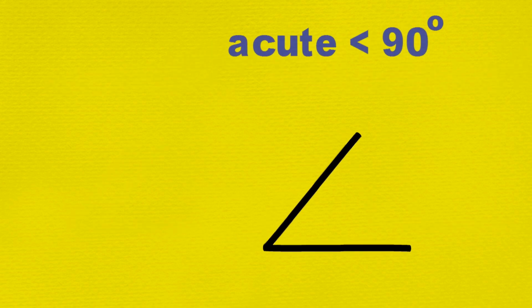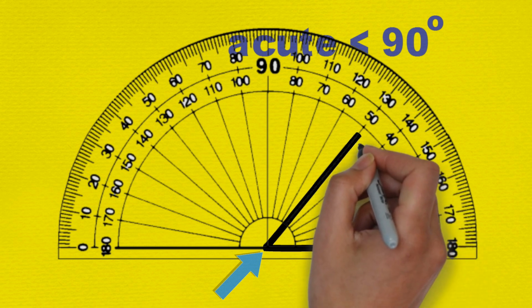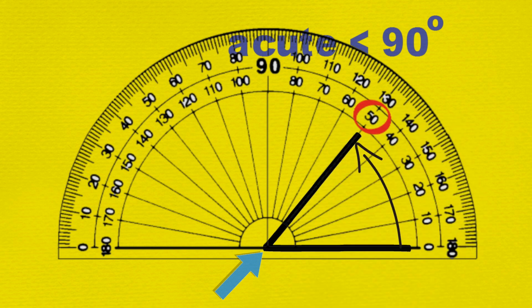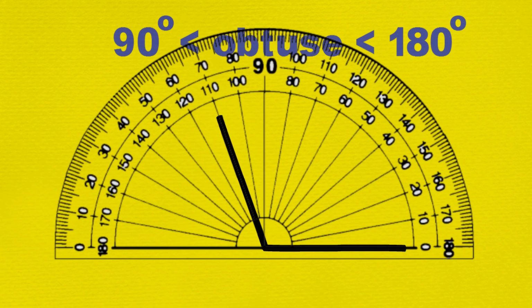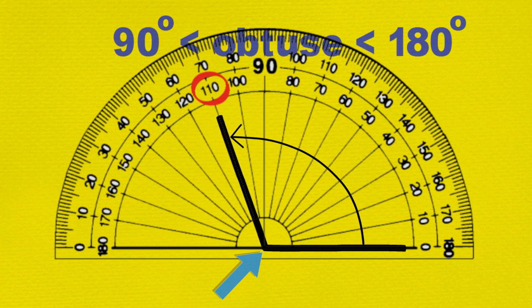So the twins watched their granddad place the protractor firstly over the acute angle, again with the middle of the tool exactly over the vertex, and its bottom horizontal line exactly over one arm of the angle, and, starting from 0, they could see that this angle was 50 degrees. He then used the protractor in exactly the same way with the obtuse angle. Starting from 0, that angle was shown to be 110 degrees.